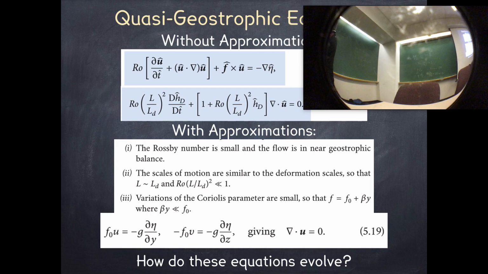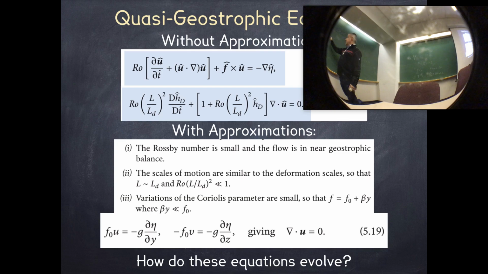Everybody seen perturbation theory like this? So then Rossby squared and whatever. And then I assume that Rossby is about the same size as beta y over f0, so that the beta term comes in at the same order. So both of these are small.